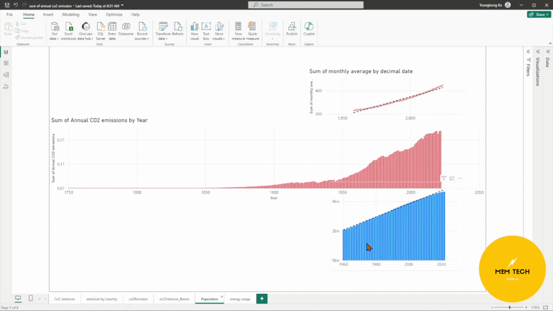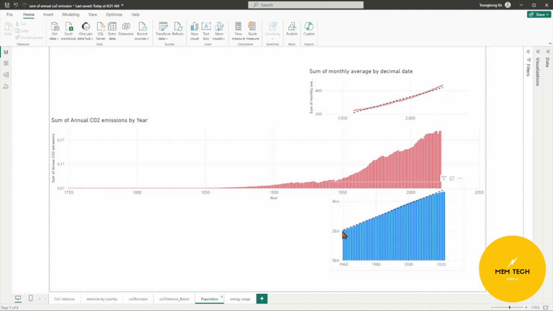By the way, the red one is the CO2 emission, and the one on top was, as we've checked, the amount of carbon dioxide in the air.